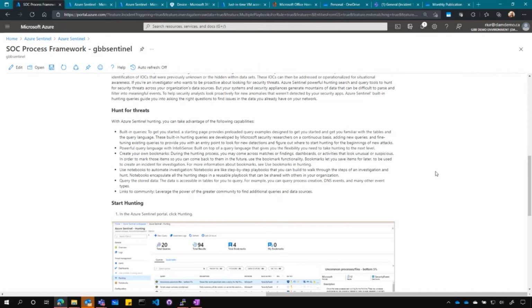You can create bookmarks. We talked about live stream. You can take a query, modify it, turn it into a live stream so that you're watching that data live and creating data points as that query returns results. And it's creating that mark on that timeline, that spark line, so that you can see when things are happening. It also allows you to build out notebooks for automated investigation.